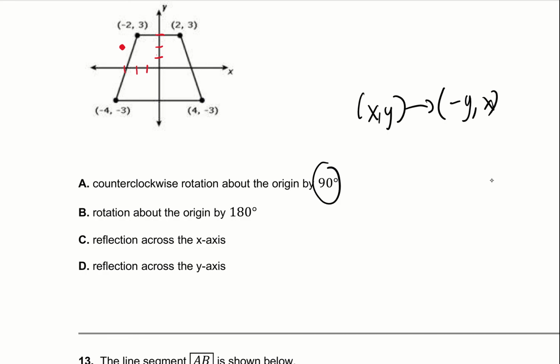And then if we transform this point here, which I'll mark for green, then we're going to get negative 3, negative 2. Right there. I'll mark this in purple. So that's going to be positive 3, negative 4.